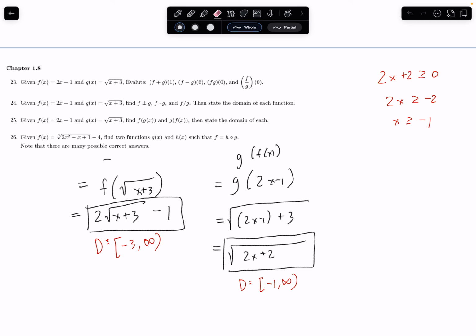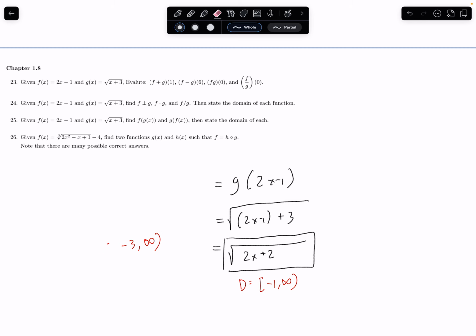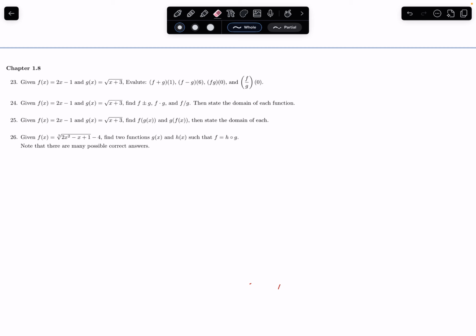Okay, 26 now. Last question for this section, just one more question. Find two functions g and h such that the given f is the combination of those two.